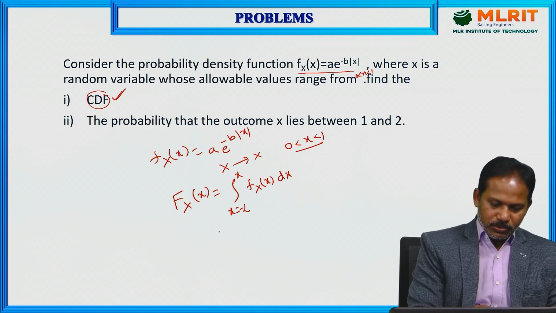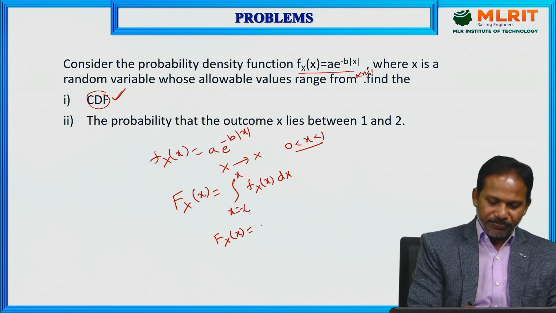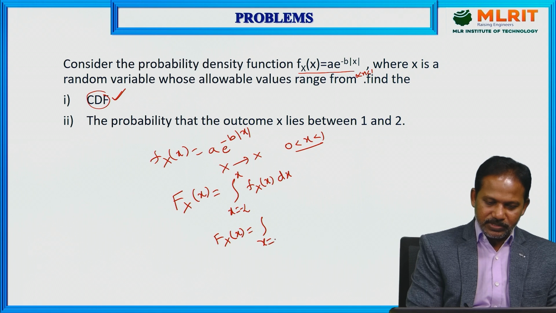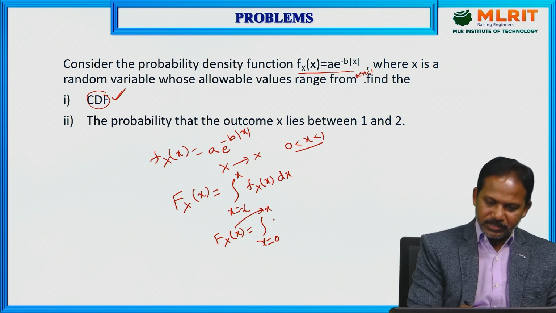So now I can write capital Fx of x is equal to integral with lower limit x equal to 0 and upper limit the same x, of a into e power minus b into mod x with dx.